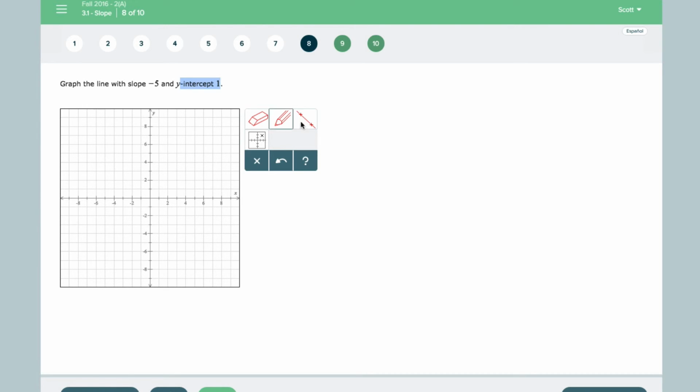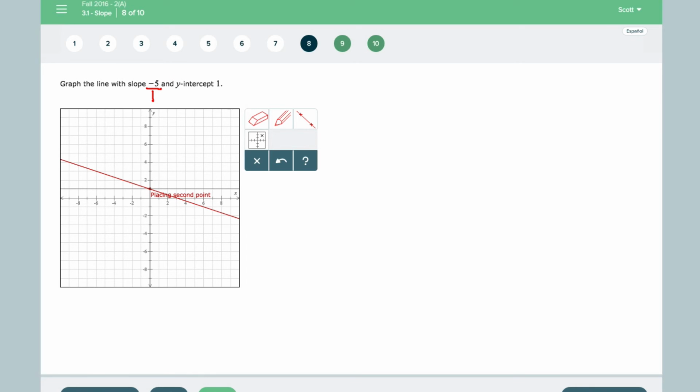So we look at the y-intercept, and that's our very first point right here. Y-intercept is 1. So we're going to place our first point right there. Now the slope is negative 5, and if you always think of it as a fraction, so take a whole number and always just draw a line and put a 1.